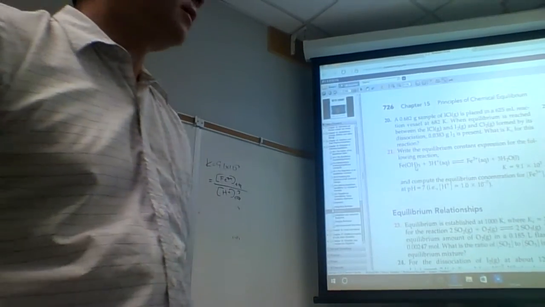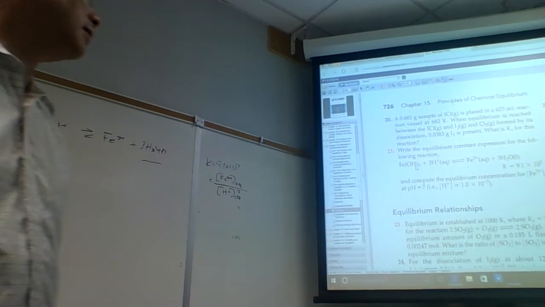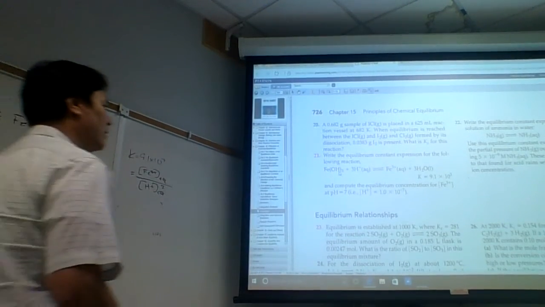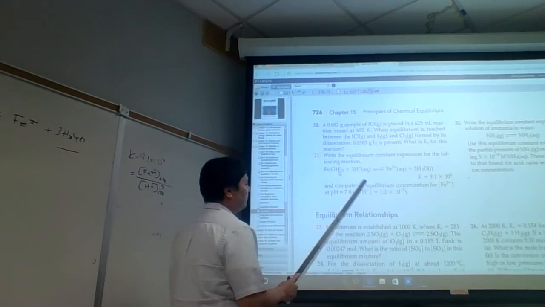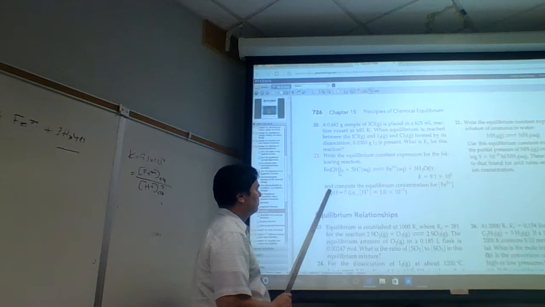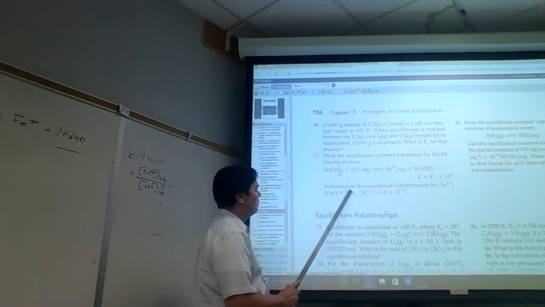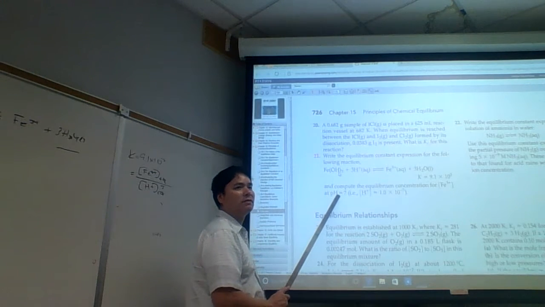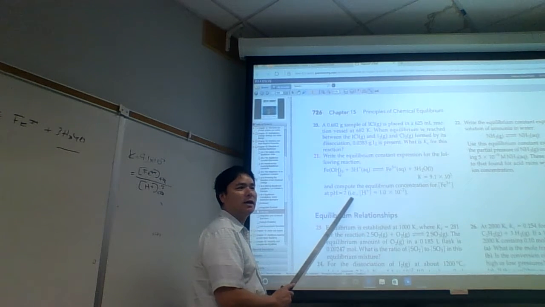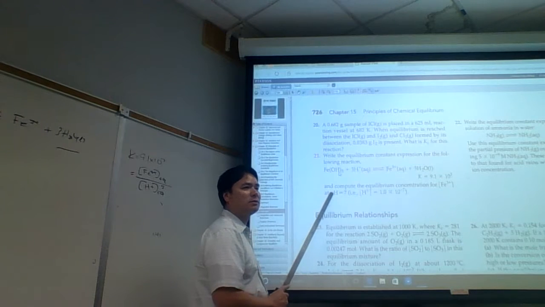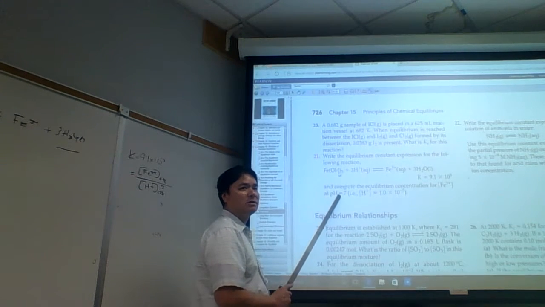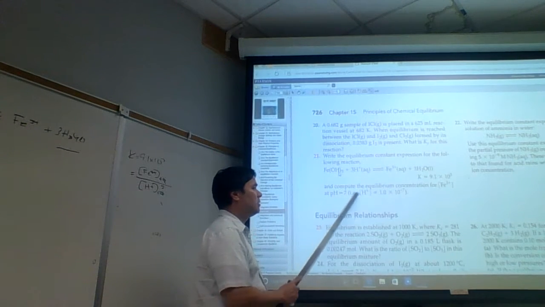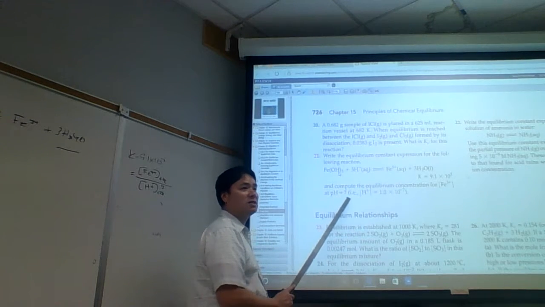This is kind of a semantics type thing. You have to figure it out by the way they word it. They want the equilibrium concentration for iron 3 plus at pH 7. So what does that tell you? This must be H plus at equilibrium, because they want the iron 3 plus when the pH is 7.